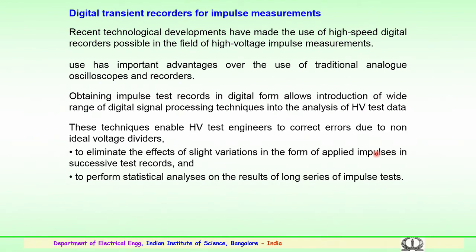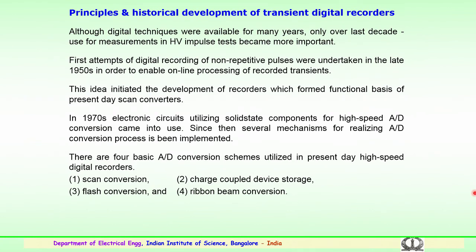These digital transient recorder techniques enable high voltage test engineers to make suitable corrections for the errors due to non-ideal voltage dividers, to eliminate the effects of slight variation in the form of applied impulses in successive test records, and also to perform statistical analysis on the results for long series of impulse tests which are conducted.